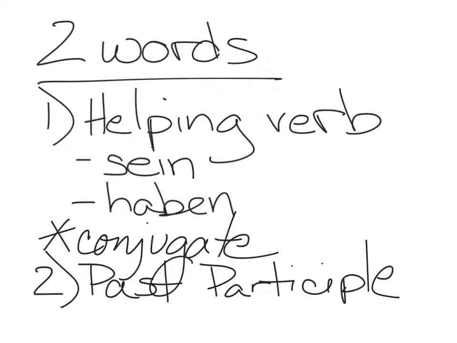It's one of the few times that you can say that about something in a language. Okay? There's no exceptions to that rule. Once you learn what the past participle is for fahren, it will always be the same. You never change the ending on it. Nothing weird will happen to it. It's always the same. Okay? So that part's nice.